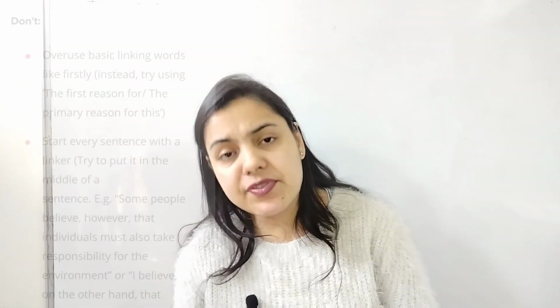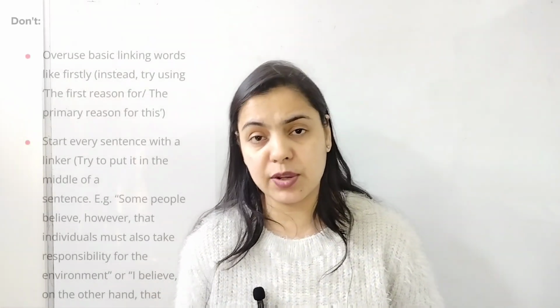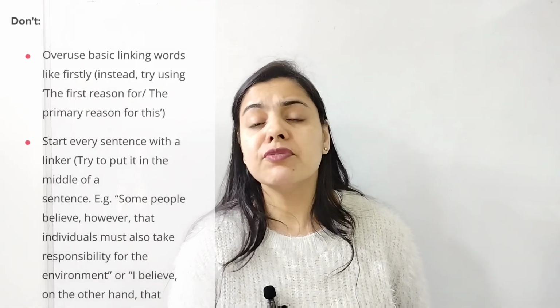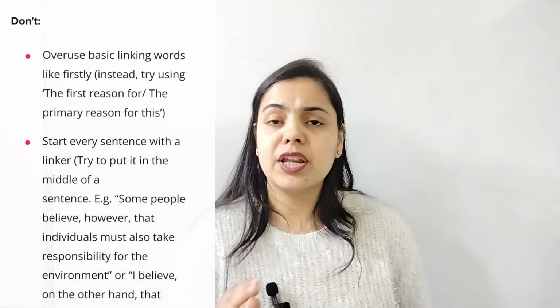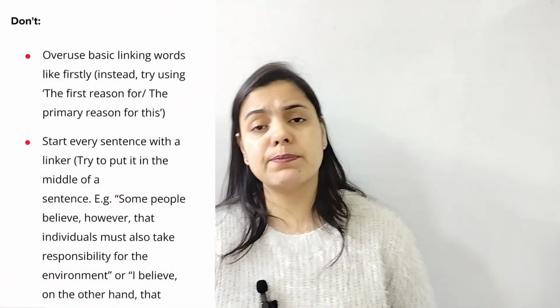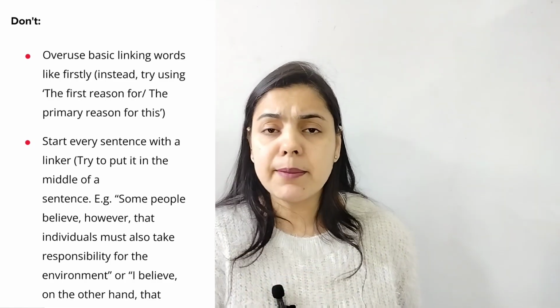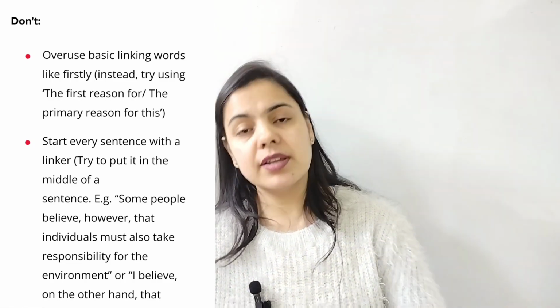The very first thing is using phrases and linking words. Don't overuse phrases, don't overuse linking words, and don't start every sentence with a phrase or a linking word. Try to use linking words and phrases with variations. For example, if you want to write, however some people believe that, instead of writing this statement, you can write, some people believe, however, that.